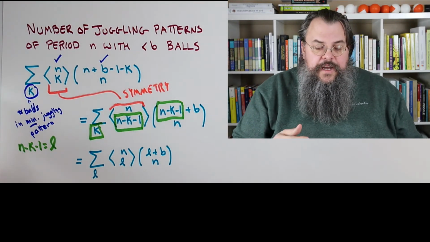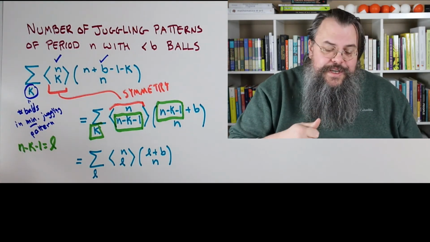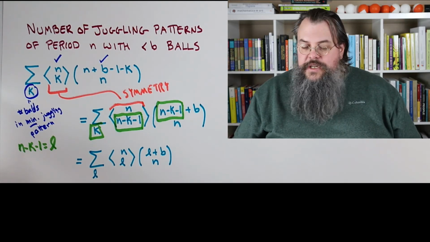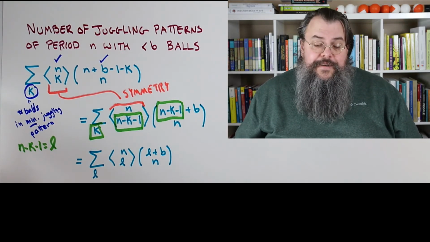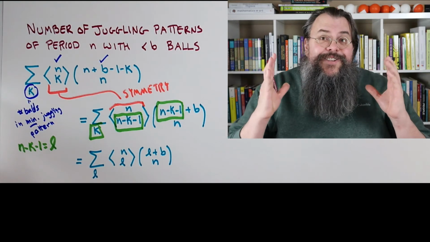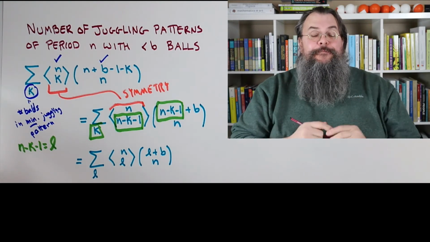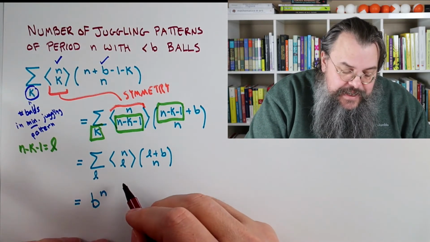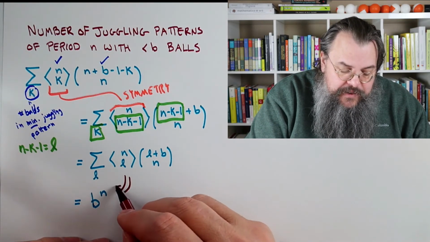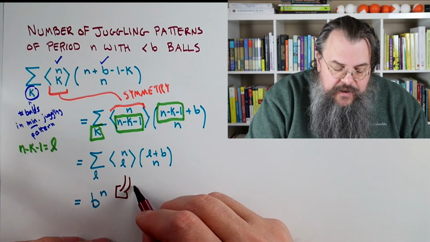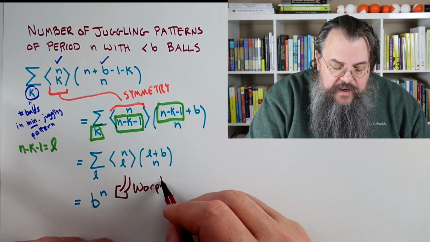So I'll say, great, all right. So we did some symmetry, we did a little bit of name changing, and what does that give us? Well, the sum that we have right now is a beautiful sum. In fact, it has its own name, and we've talked about this, and this is called Worpitzky's identity.